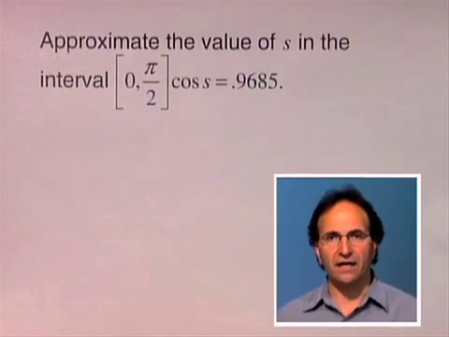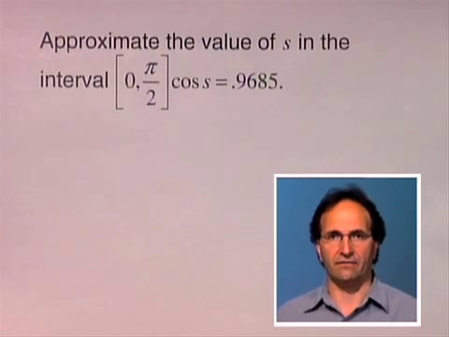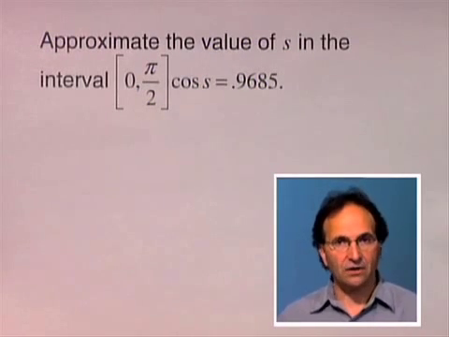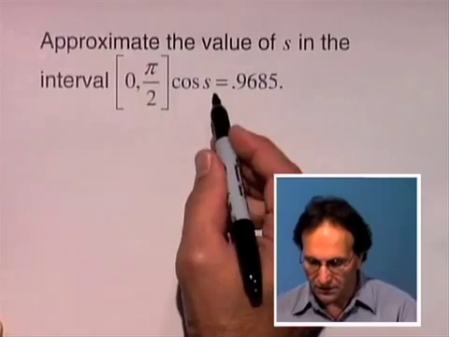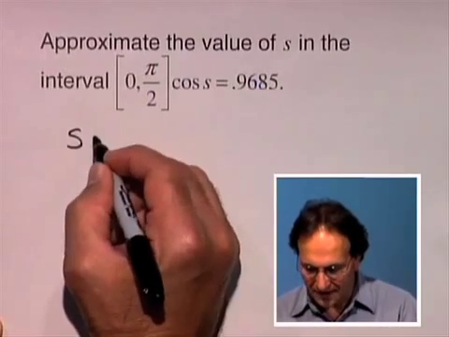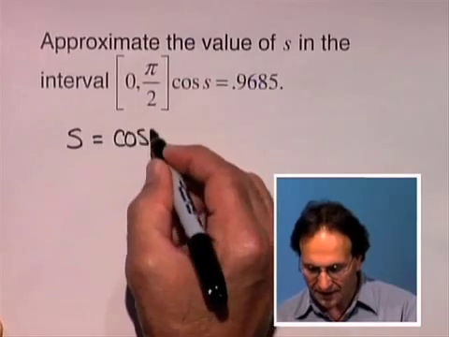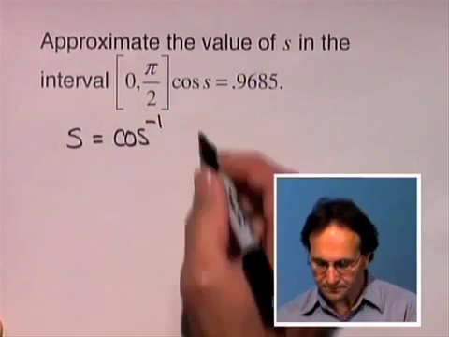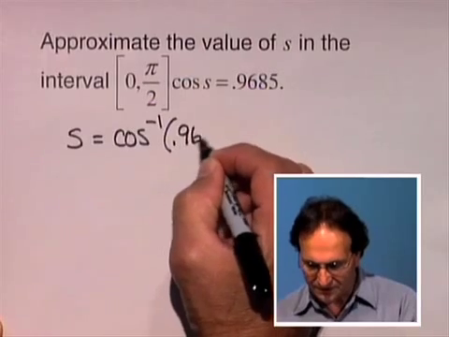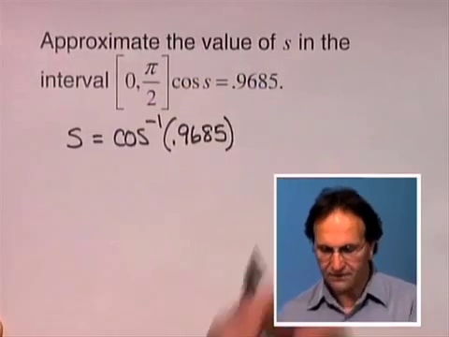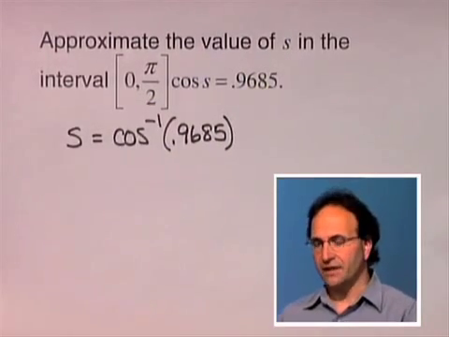That should make you think of the inverse cosine function. We'll use the calculator to do that. What we'll do is say that s is equal to the cosine inverse of 0.9685. That's what we'll enter into the calculator.